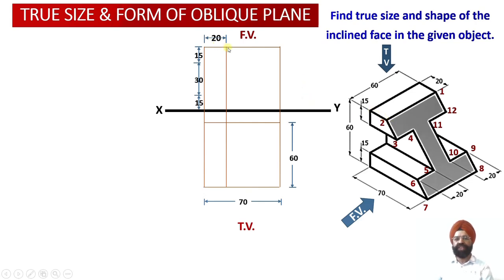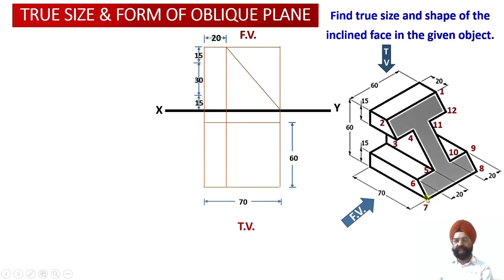And once we achieve the location of this particular point, so this is the location of point number 1 and point number 2 at the top surface, then we can obtain the inclined surface edge view in the front view. As we can observe, this inclined surface is going to start at a point 20 millimeter from the left hand side vertical edge of this solid, and from this point, at a height of 60 millimeter, this inclination is going to start, and it is going to end at the bottom point on the right hand side corner of this solid.